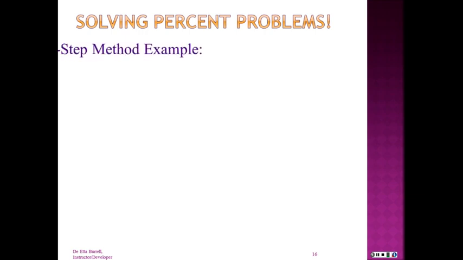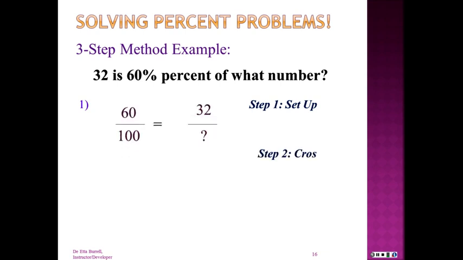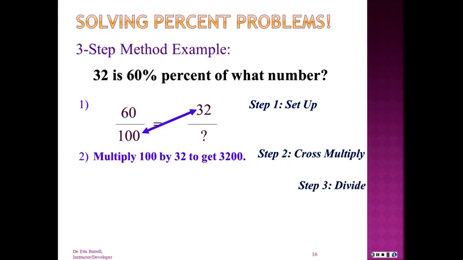Okay, in this example, you guys said that the whole was missing, and when we set it up, we had 60 over 100 is equal to 32 over, I don't know. Where do I cross multiply? 100 times 32, 3200. And then what do I do with the 3200? Divide by, no, what's left over? We use these two numbers.